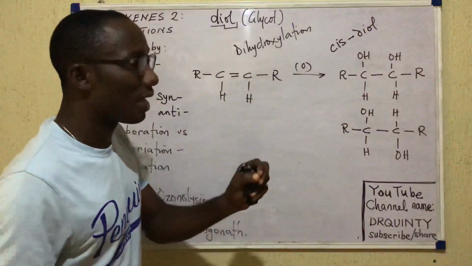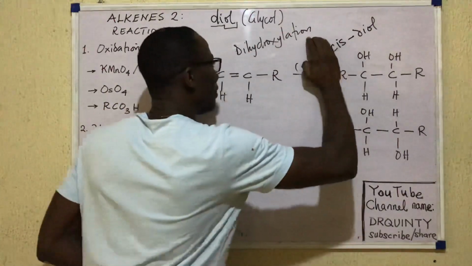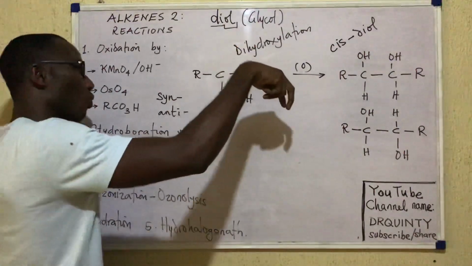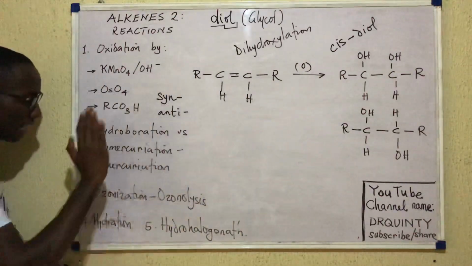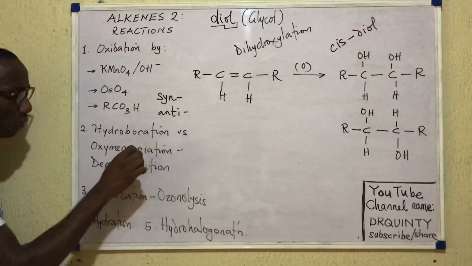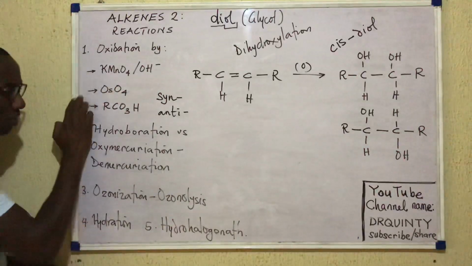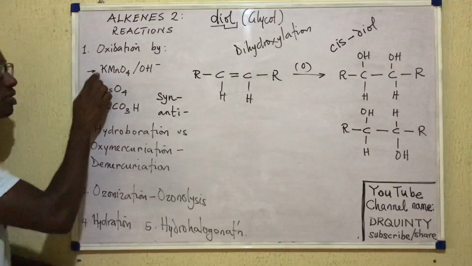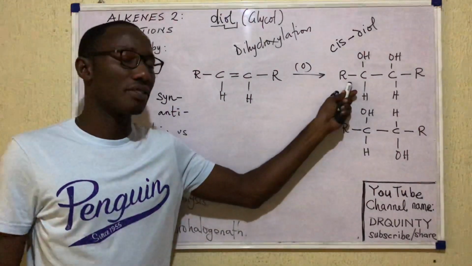So it means that when an alkene undergoes dihydroxylation, addition of two OH, by any of these reagents, you will get a diol. That's first. But the diol you are going to get, will it be cis or trans? That depends on which of these three you use. If you use any of the first two, you will get a diol that is cis.